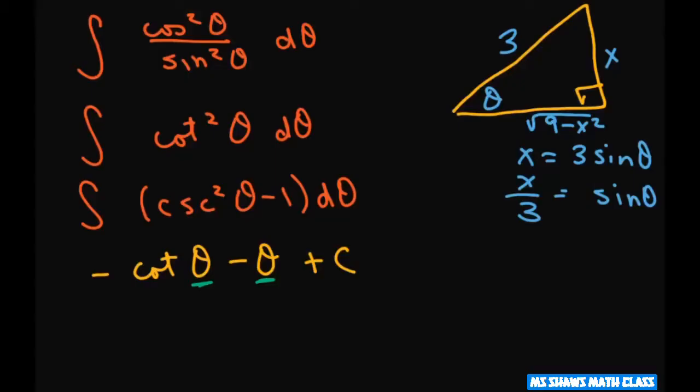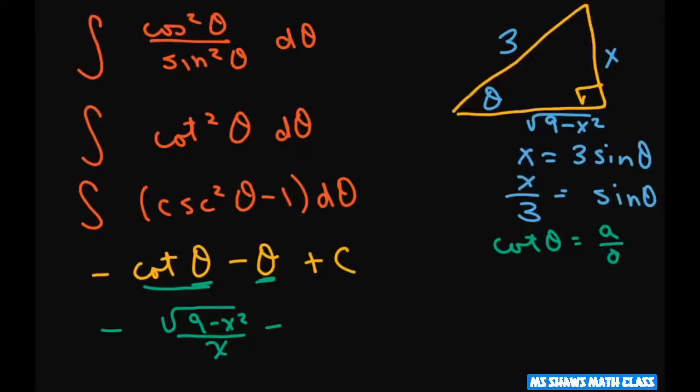I know that cotangent is adjacent over opposite. So this is going to be negative, and cotangent of theta is the square root of 9 minus x squared over opposite, which is x. Then we have our minus theta.